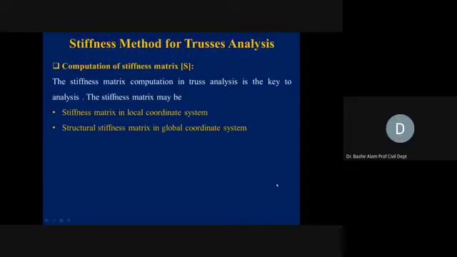Now, computation of stiffness matrix. How are we going to compute the stiffness matrix? Remember, we have two kinds of stiffness matrices. One is in the local coordinate system, and one is in the global coordinate system.